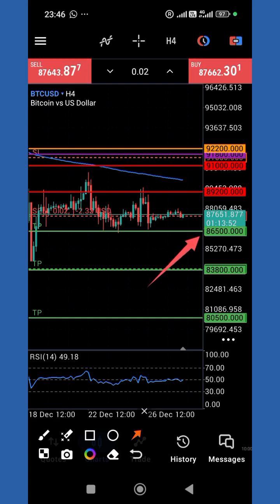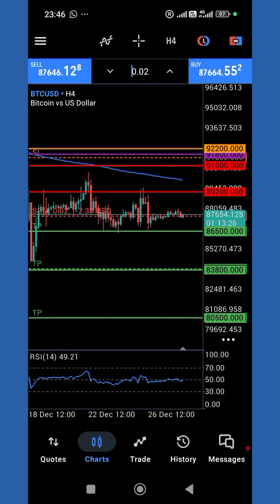This is a minor one, followed by the strong reaction zone. That is, the market tested that particular zone severally, tested it very well, and it happens to be strong support, like the market is bouncing back to the uptrend when testing that area.